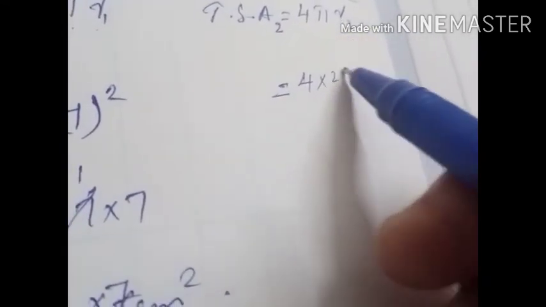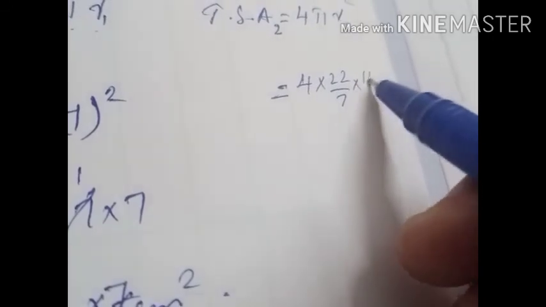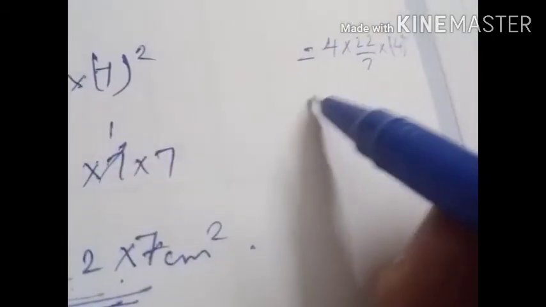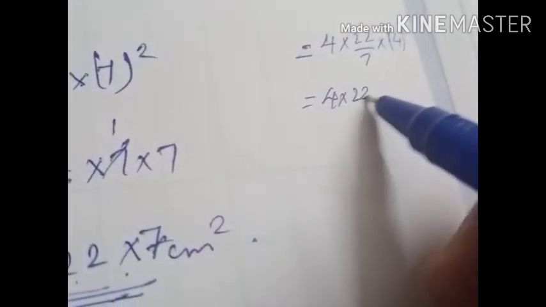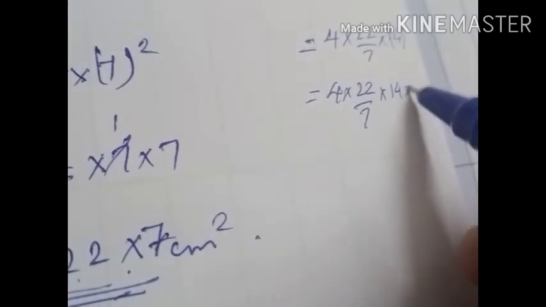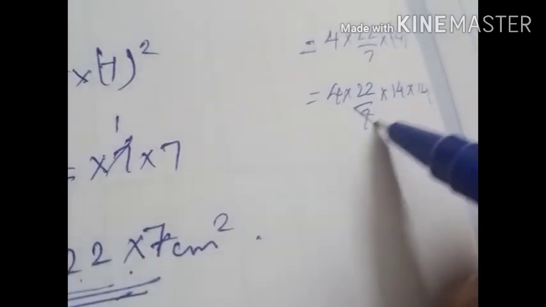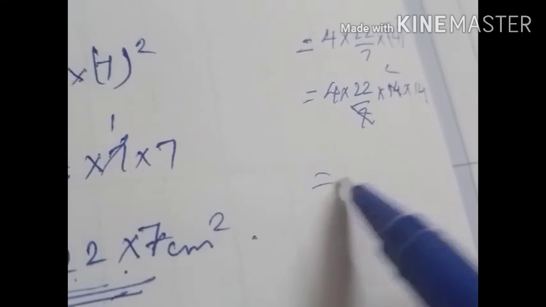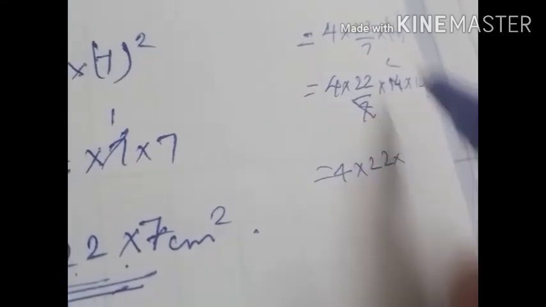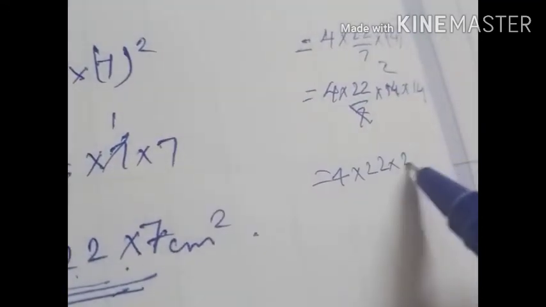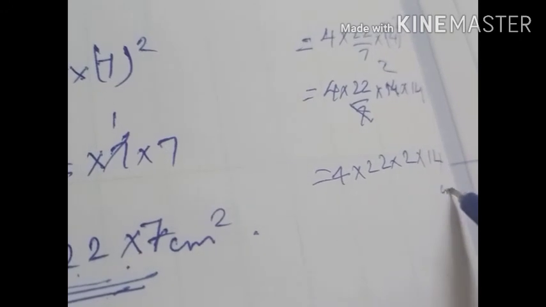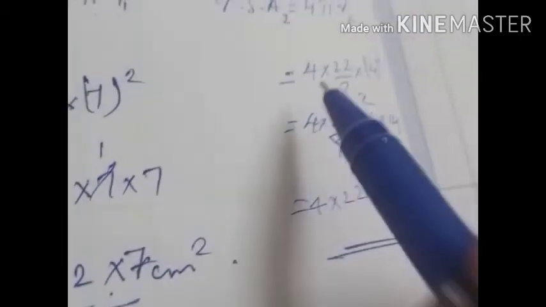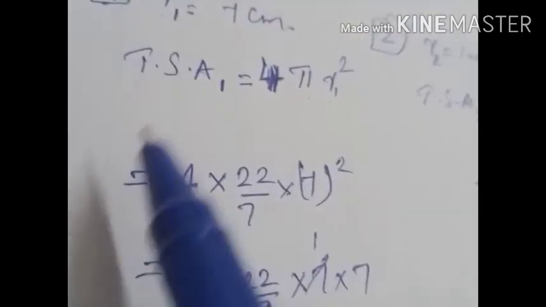Then next case, TSA 2: 4 into 22 by 7 into 14 square, that is 4 into 22 by 7 into 14 into 14. Then we will get 4 into 22 into 2 into 14 centimeter square. This is TSA 2, this is TSA 1.